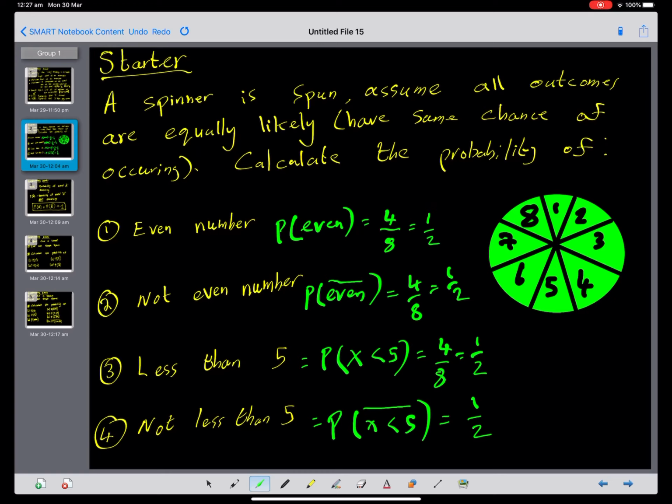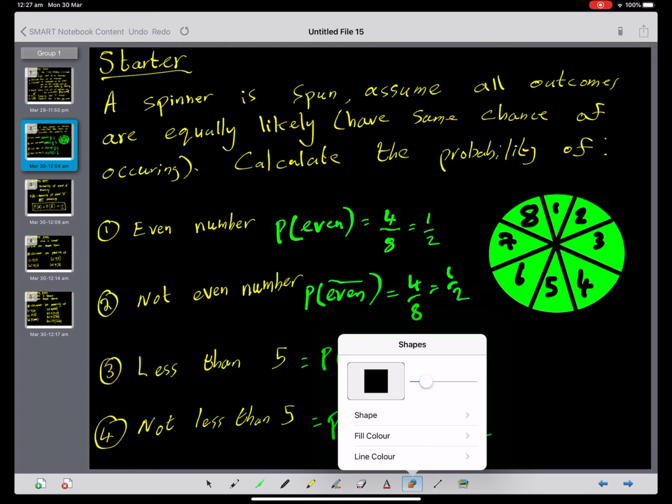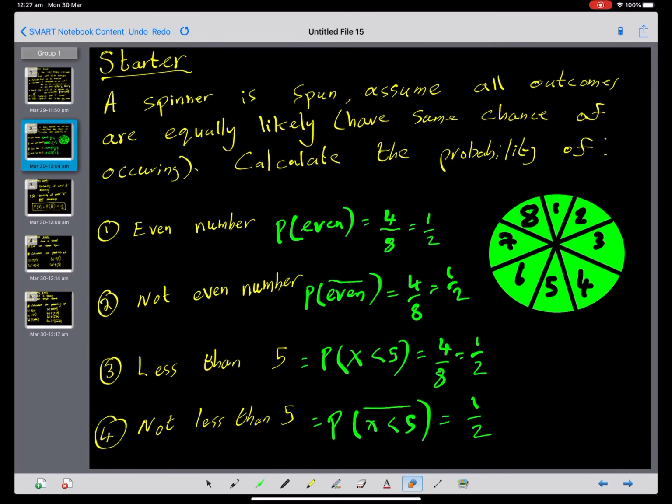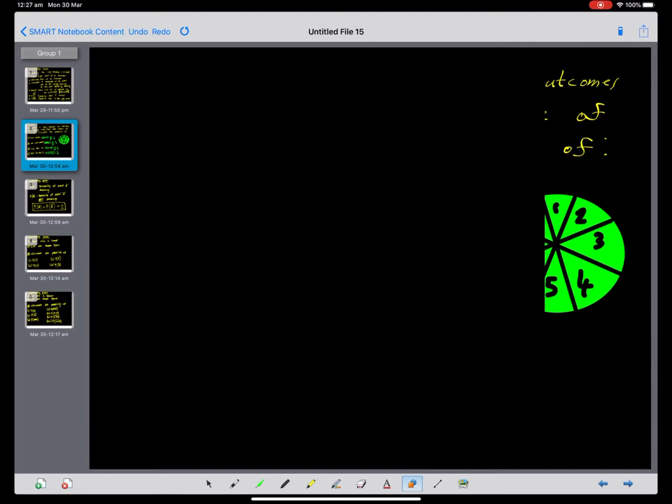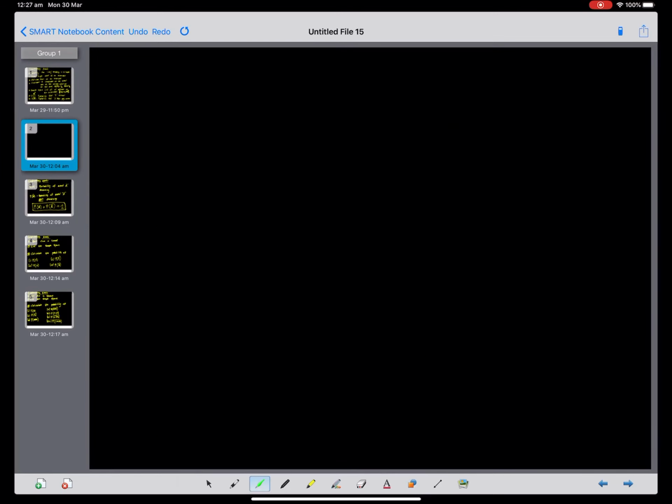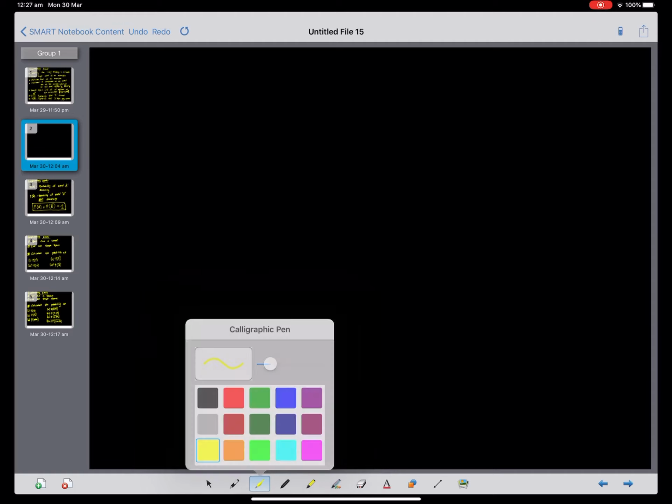Okay, so I'm going to give you the formula for probability. And I want you to copy this down. Formula for probability is as follows.